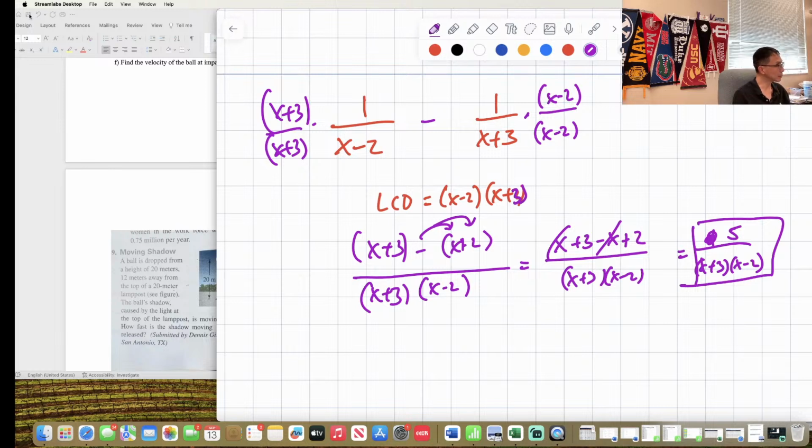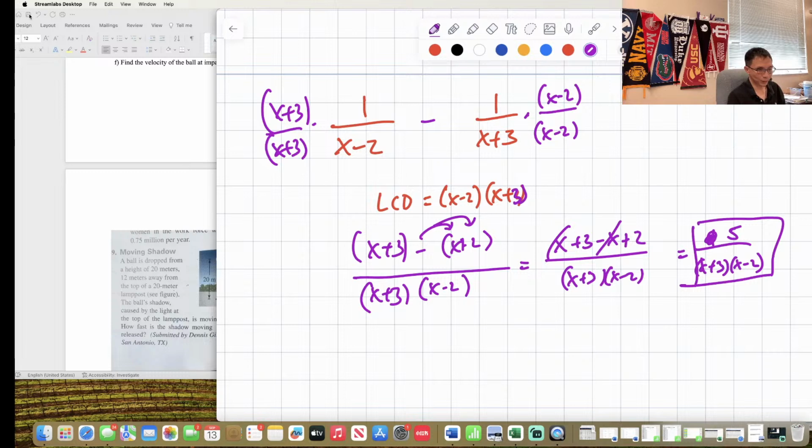For the test, are we going to have to keep it in factored form on the bottom? We just keep it factored. Yes, and I'm going to say why factored form is better. Always leave your answer in factored form. Because if you don't, for example, if I want to find the domain, I still have to factor the bottom once you multiply it together.